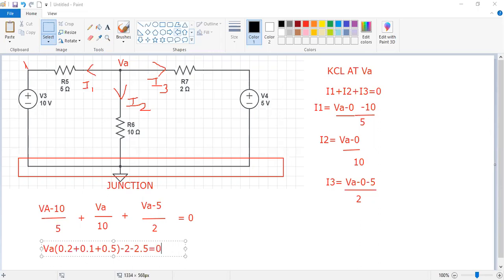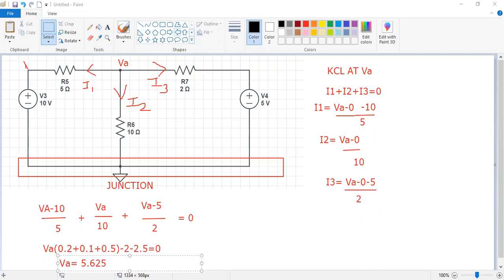Should be 0. Then 0.2 plus 0.1 plus 0.5 is 0.8, and 2 plus 2.5 is 4.5. So at last we can find VA: VA is equal to 4.5 by 0.8, that is 5.625 volts.